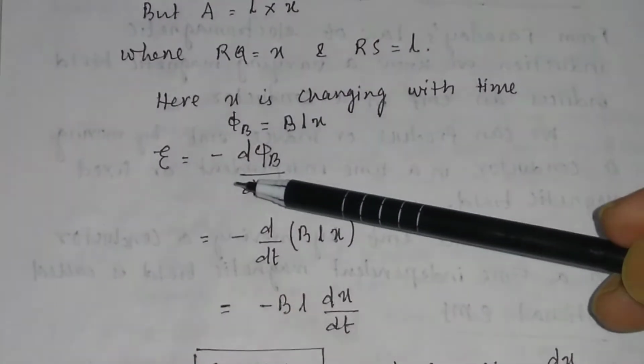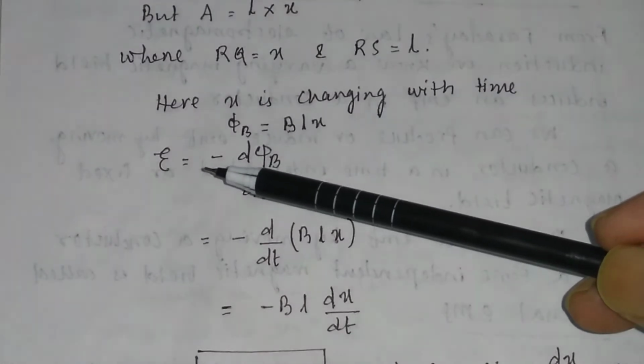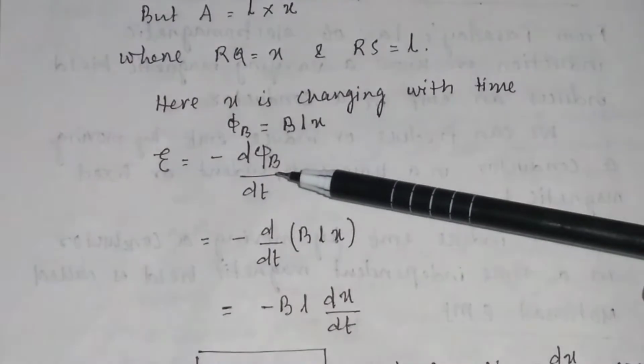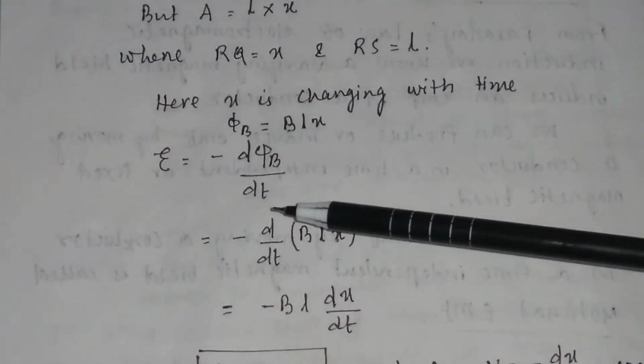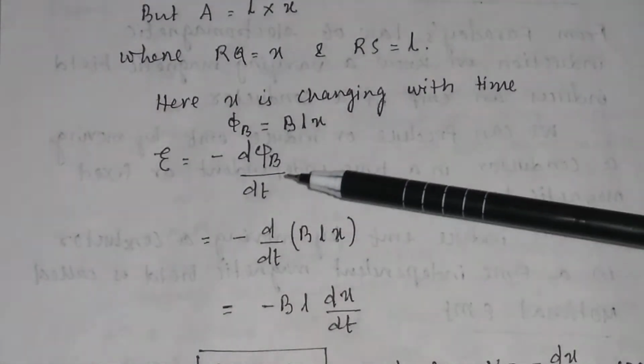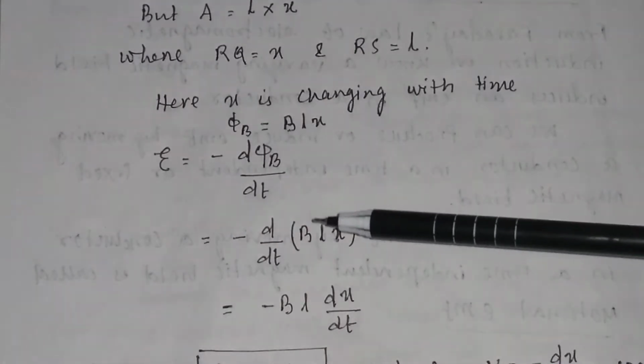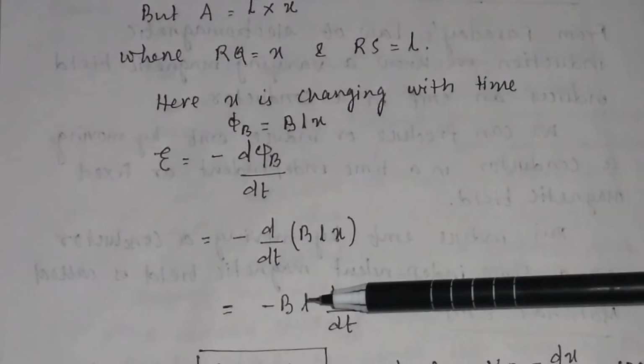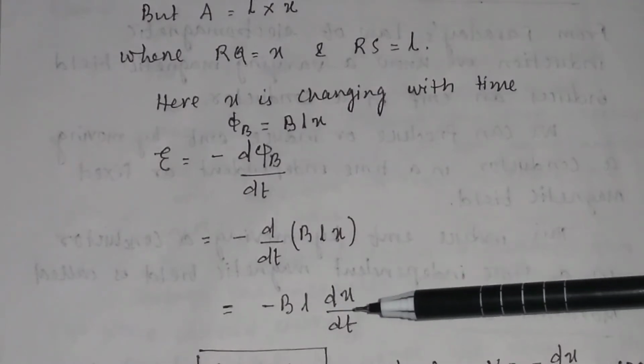And from Faraday's law of electromagnetic induction, we know the induced EMF is equal to minus d phi B by dt, that is equal to minus d by dt of BLx. B and L are constant, so you can take them outside. So minus B into L into dx by dt.